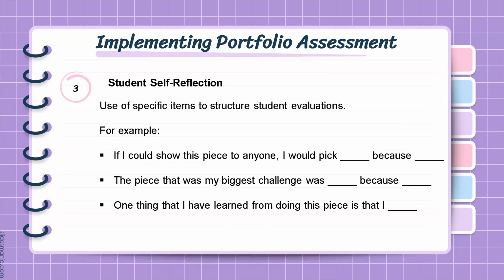For example, we can have incomplete statements such as, if I could show this piece to anyone, I would pick blank because blank. The piece that was my biggest challenge was blank because blank. And one thing that I have learned from doing this piece is that I blank. With these incomplete statements, students are able to structure their own self-reflection statements.